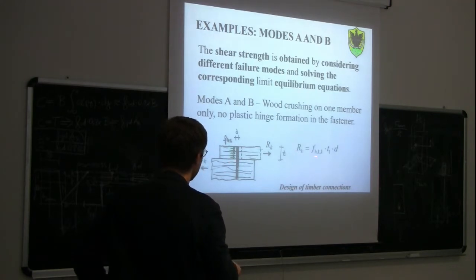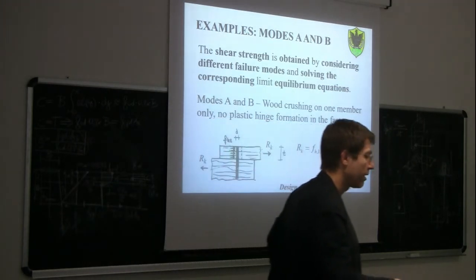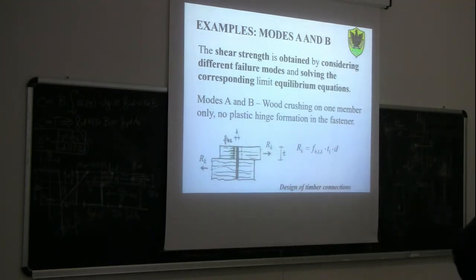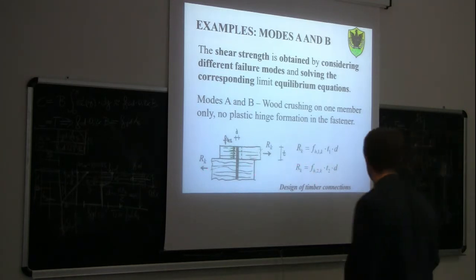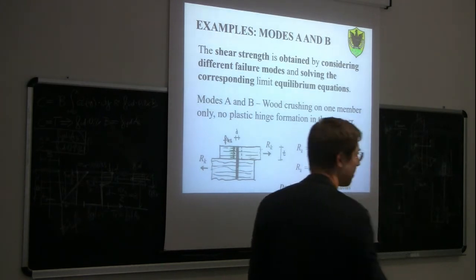This is the equilibrium equation associated with failure mode A. And of course, if we just swap the first with the second member, we get a second equilibrium equation. So Rk is fh2k, embedment strength of member number 2, times t2, thickness of the second member, times d, diameter of the dowel. Okay?